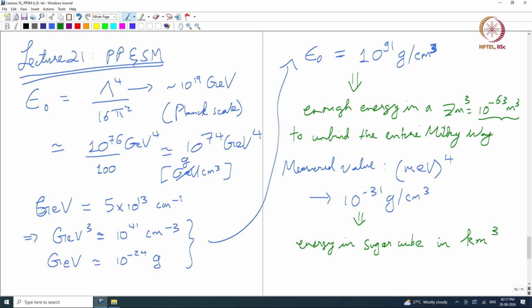The caloric content of a sugar cube in a kilometer cube basically, and that is a very, very tiny amount of energy density, correct. That is exactly the reason why we do not really hear of this outside of the context of particle physics and cosmology, okay. Okay. So, what do I mean by all this? How did people measure this 0 point energy?